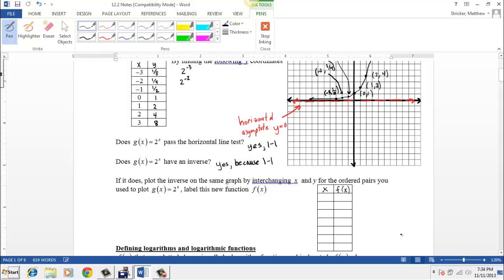The inverse function would turn 1/8 back into -3. It would turn 1/4 back into -2. It would turn 1/2 back into -1. It would turn 1 back into 0, and 2 back into 1, and 4 back into 2, and 8 back into 3.